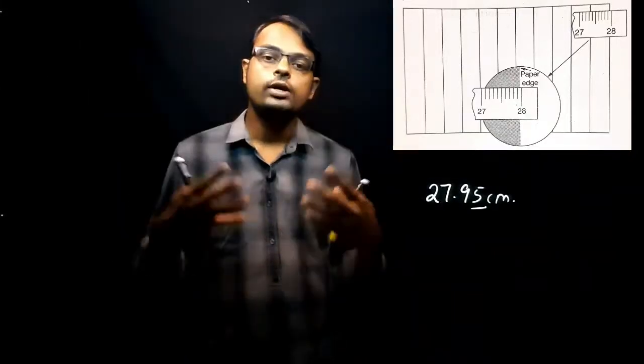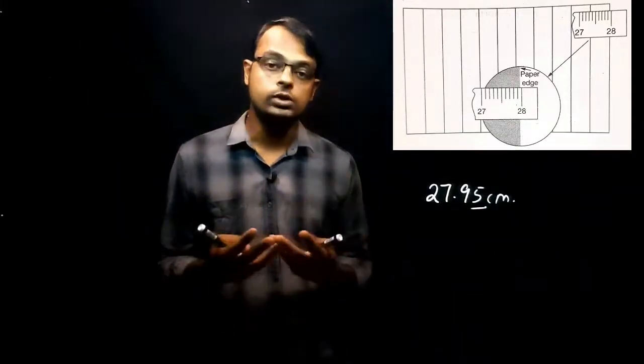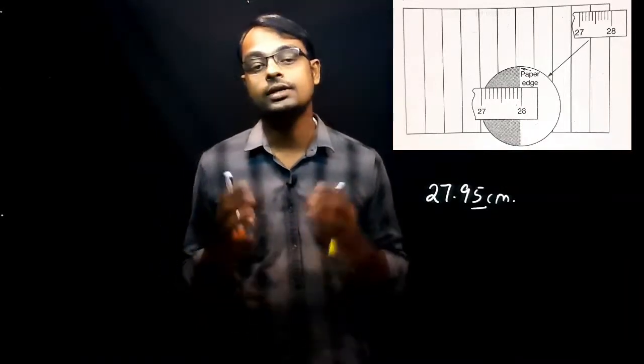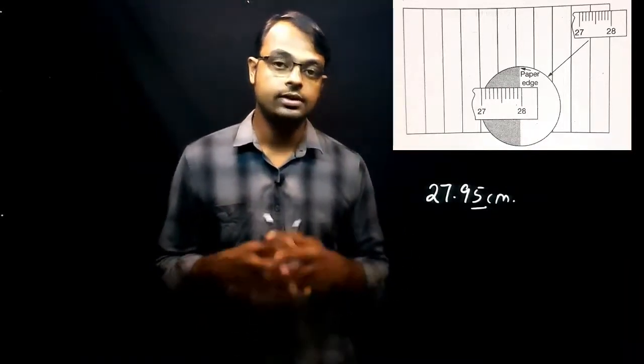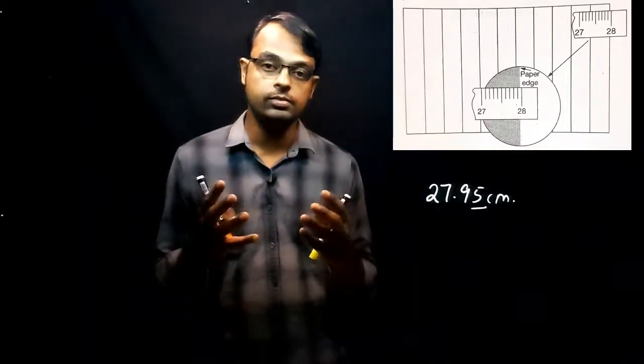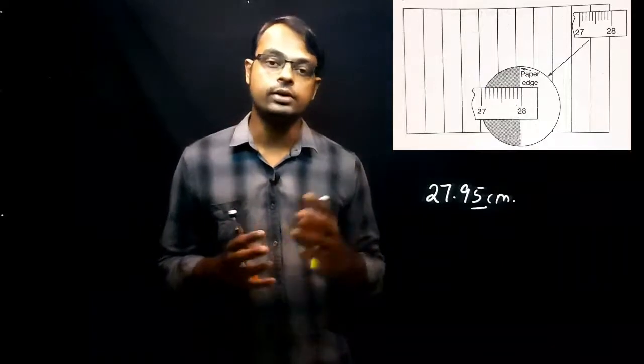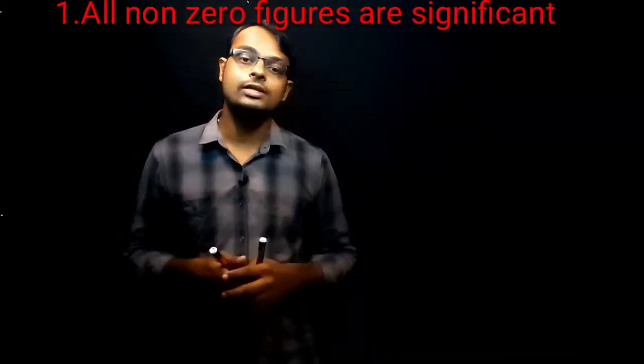Clear? Now we are going to discuss a few rules to determine the number of significant figures in a given number. We require some rules, and we will discuss them one by one. Let's see the first rule: all non-zero figures are significant.